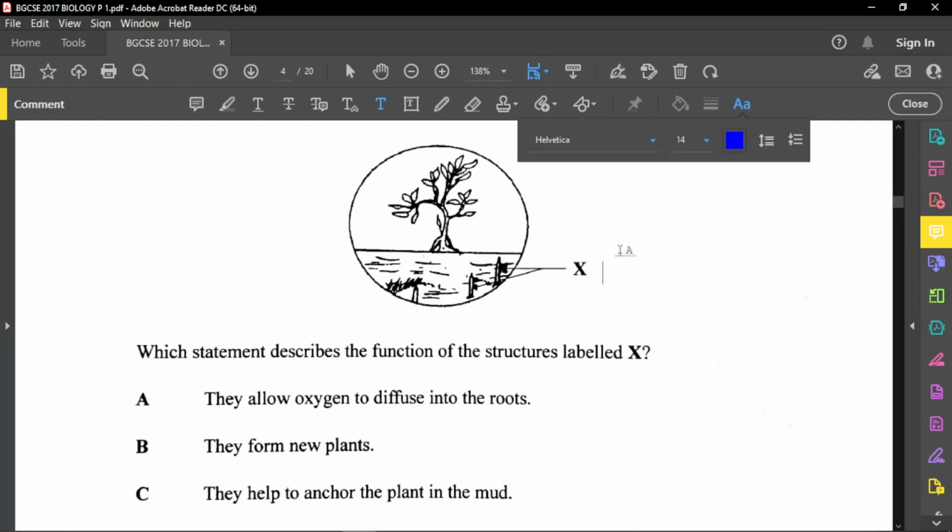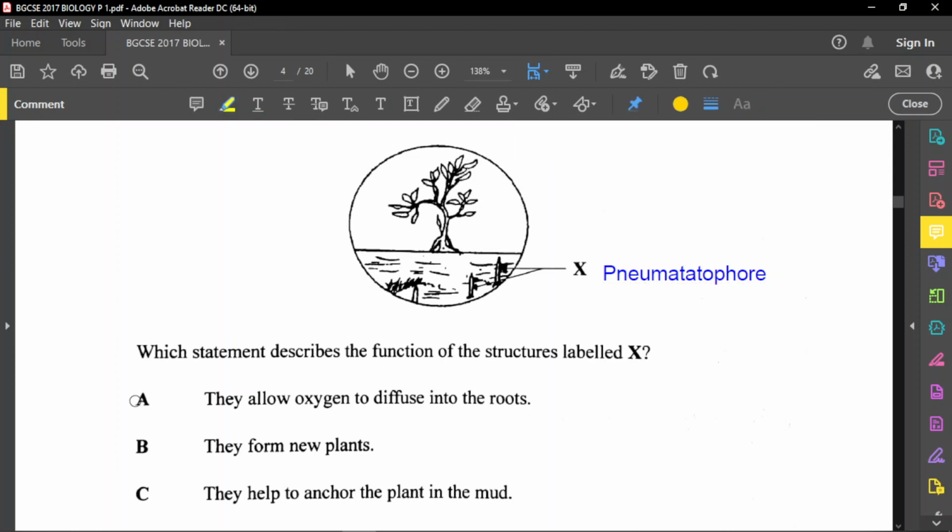They're called pneumatophores. And the function of the pneumatophore is to absorb oxygen from the roots. So this one will be A for our answer right here.